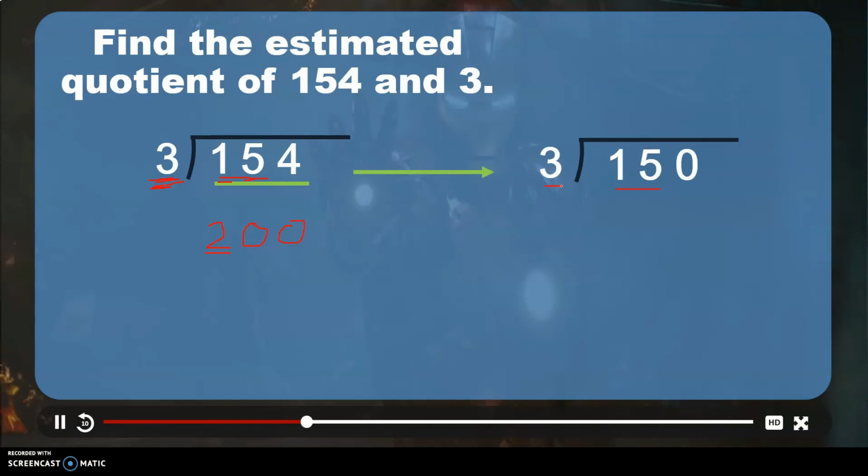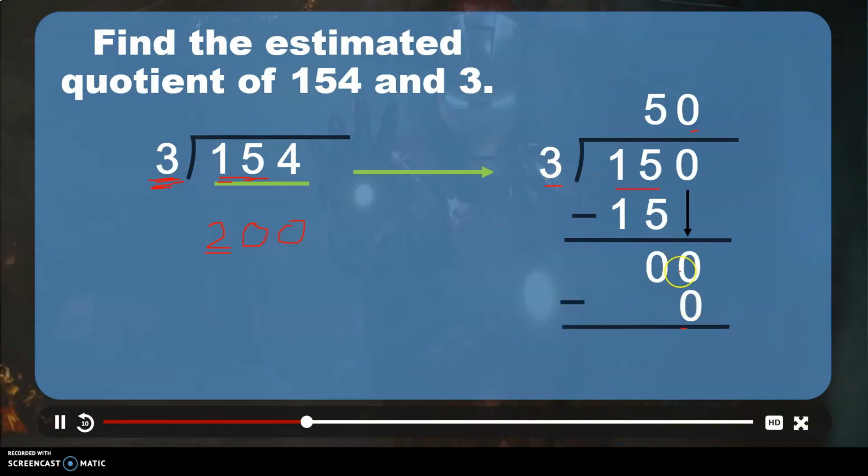15 divided by 3 is equal to 5. And 5 times 3 is equal to 15. And 15 minus 15 is equal to 0. Then, bring down 0. 0 divided by 3 is equal to 0. And 0 times 3 is equal to 0.